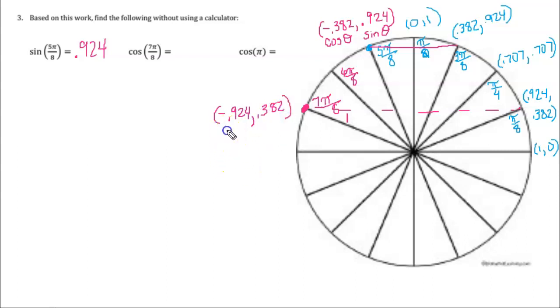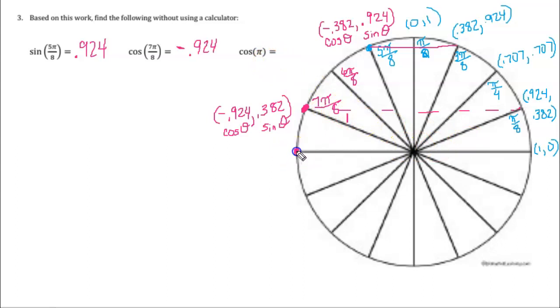And again, we know that our cosine would be the x value and our sine would be the y value. So it asked for the cosine of 7 pi over 8. That's going to be negative 0.924.